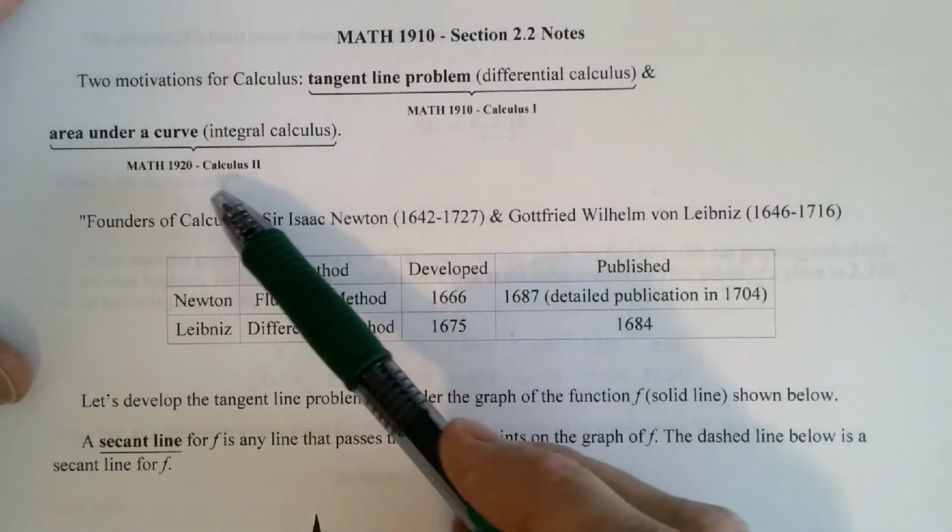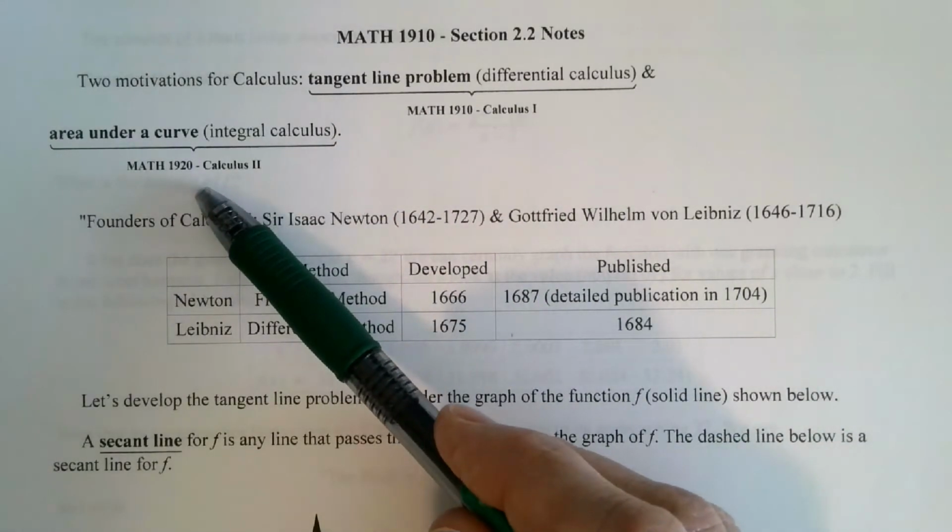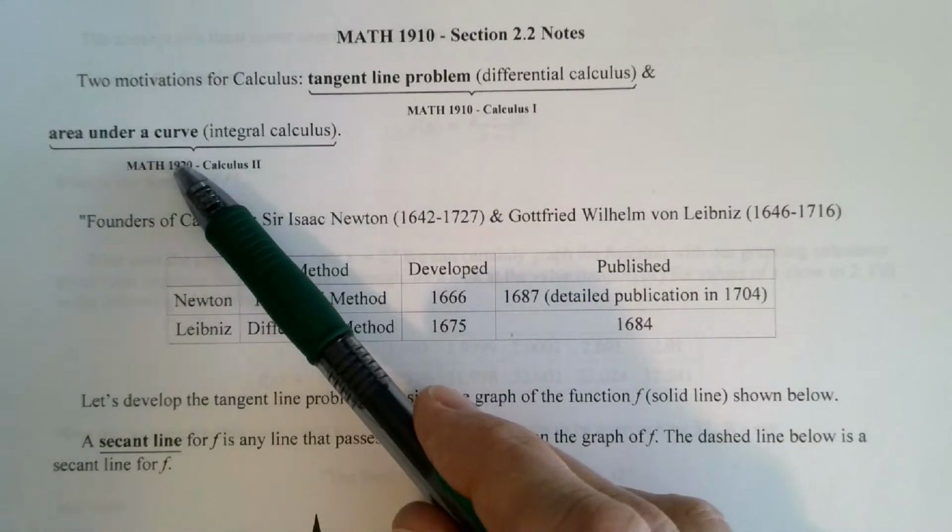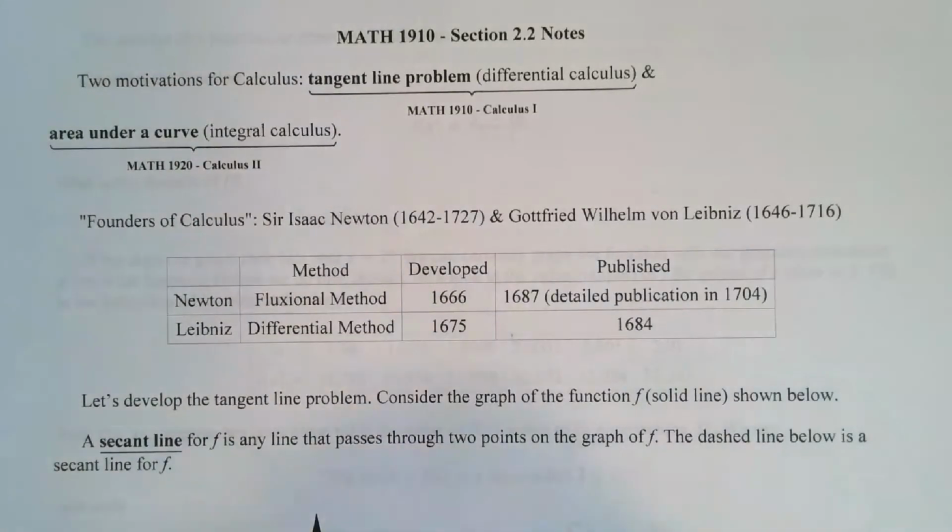Most of you will go on to take Calculus 2, our second semester course, and there you'll investigate the area under the curve problem. Sometimes we refer to that as the integral calculus. And they're both related by the fundamental theorem of calculus and other relationships.